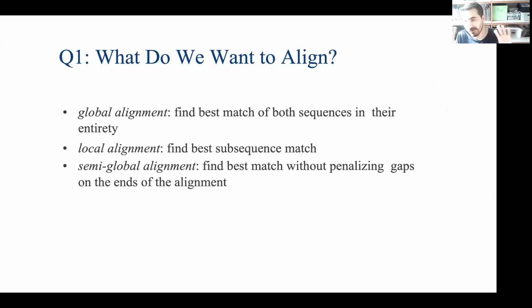So you just have some sort of a compromise at the ends of the sequences. So you don't really penalize gaps on the ends of the alignment. So this is called semi-global alignment, but most of the time it's important to understand the difference between global alignment versus local alignment.